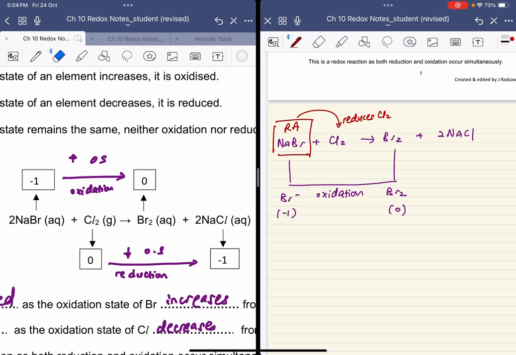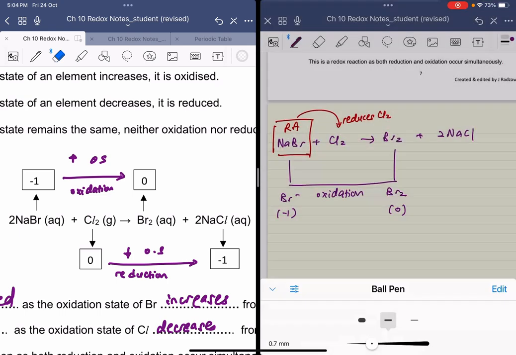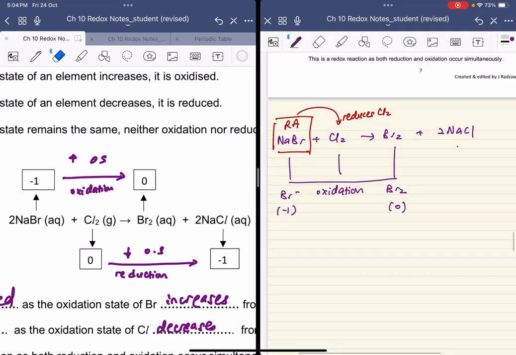Same thing for chlorine over here. Chlorine to chloride, it is a reduction. Okay, why is it reduction? Because chlorine is 0, chloride is -1. There is a decrease in oxidation state.